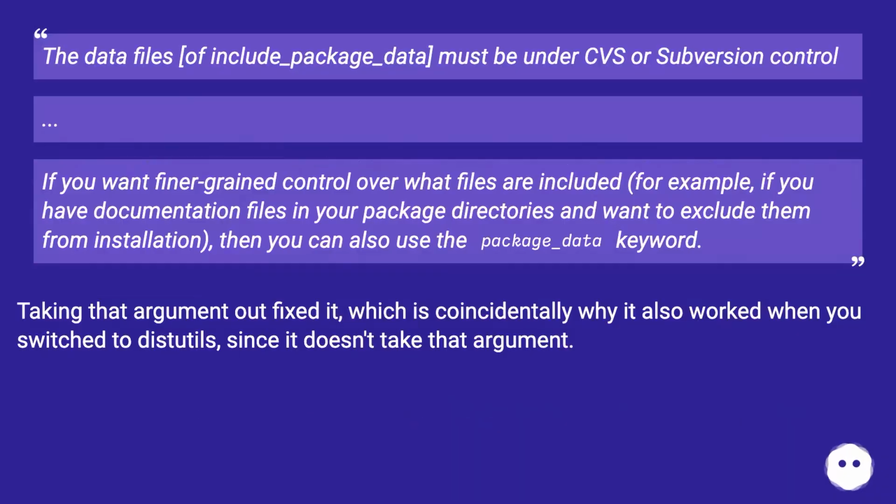The data files of include_package_data must be under CVS or Subversion control. If you want finer-grained control over what files are included, for example, if you have documentation files in your package directories and want to exclude them from installation, then you can also use the package_data keyword. Taking that argument out fixed it, which is coincidentally why it also worked when you switched to Distutils, since it doesn't take that argument.